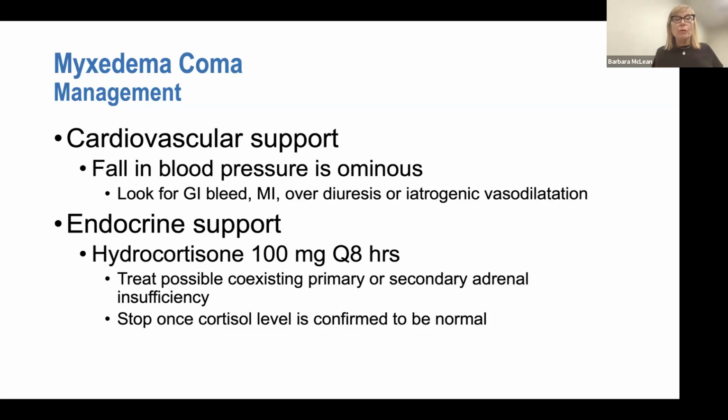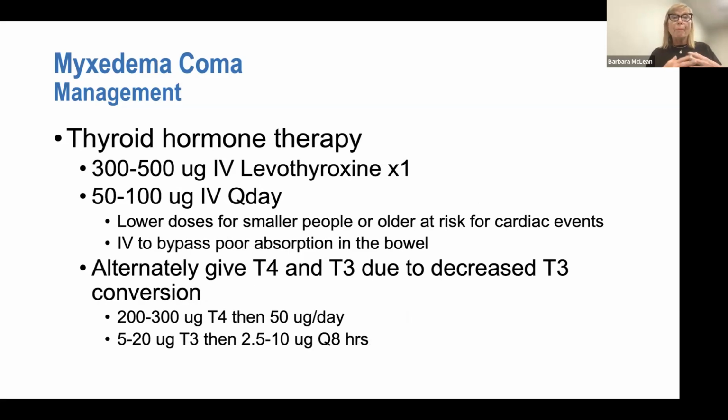Now, the first thing we're going to do with these individuals is that typically they have coexisting primary or secondary adrenal insufficiency. So they're going to get some hydrocortisone, and you can stop once you get their cortisol level to normal. But now I want you to remember, these are micrograms, okay? So if we're going to give you thyroid hormone therapy, if you're an older person, if you're a small person, if you have cardiac disease, you're going to get 0.05 or 0.0125 every day.